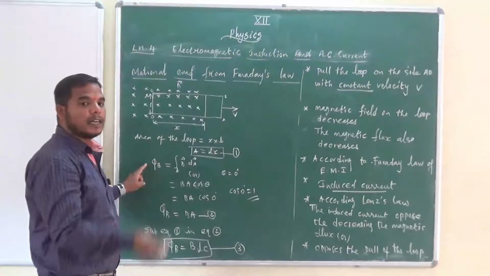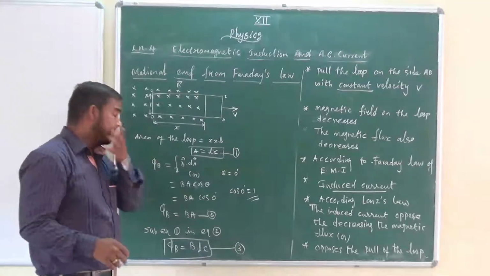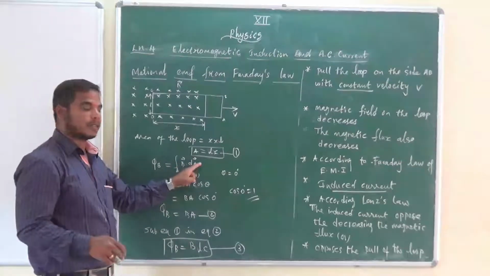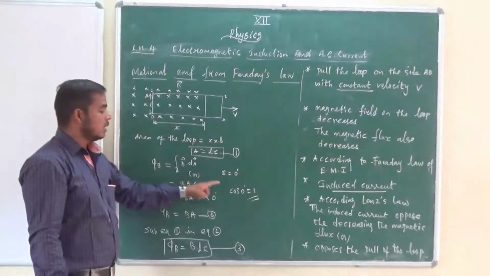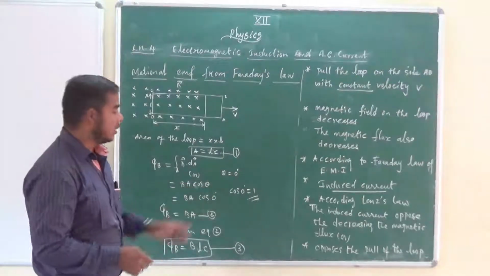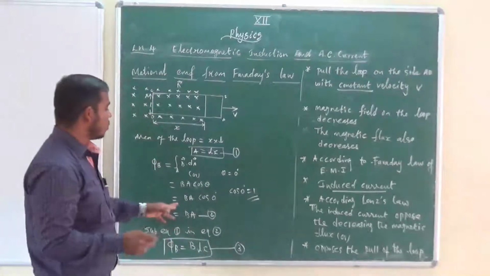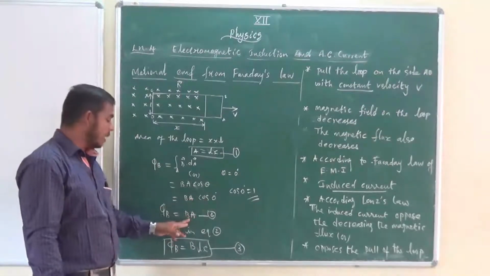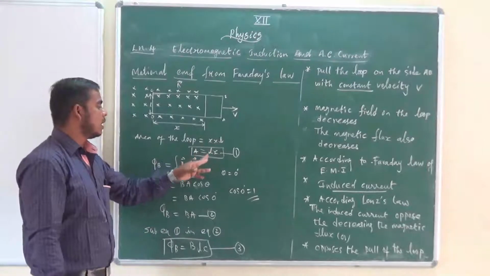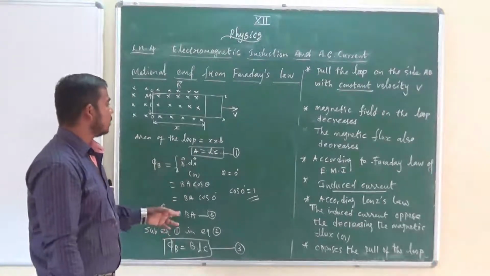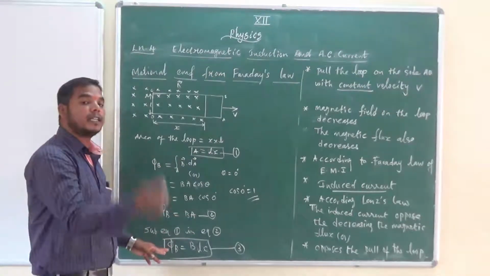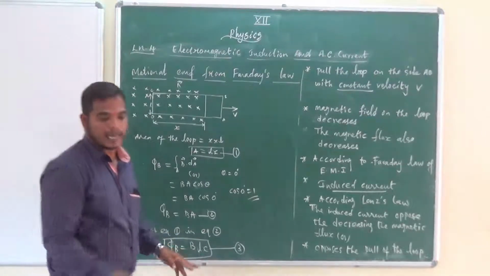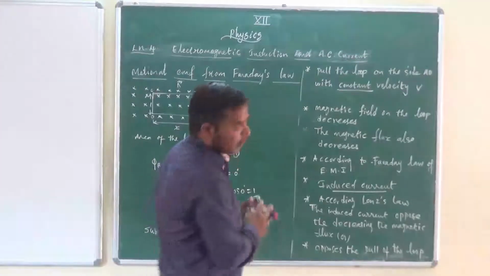Next, we already derived the mathematical expression of magnetic flux: Φ_B equals the integral of B vector dot dA vector, or BA cos θ. Here θ equals 0 degrees, cos 0 is 1, so we get BA. Substituting equation 1 in equation 2, we get the new equation, equation number 3: Φ_B equals BLx. Okay, so next.